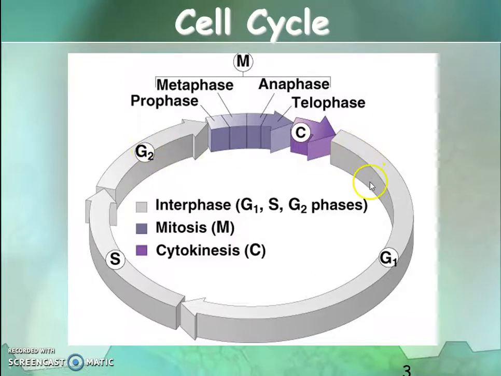From the length of the arrow you can observe what time duration it takes for each phase. So G1 is the longest phase, after that the synthesis and G2 are almost the same, and the shortest is the cell division, that is mitosis. Mitosis has 4 phases which we will be doing in detail: prophase, metaphase, anaphase, and telophase.